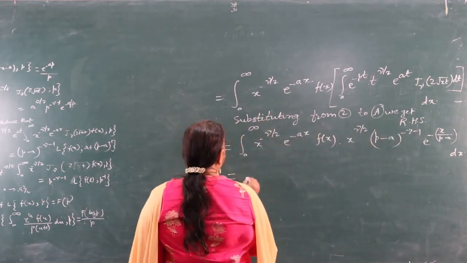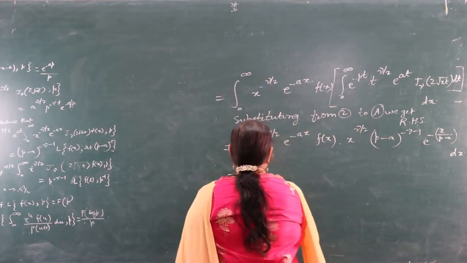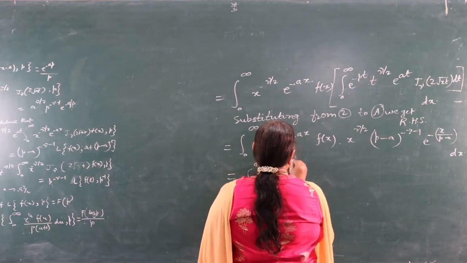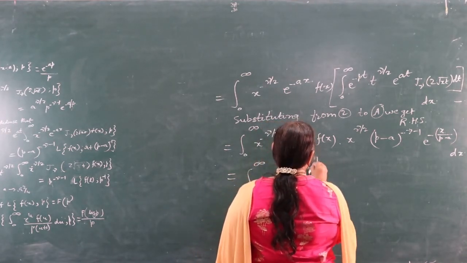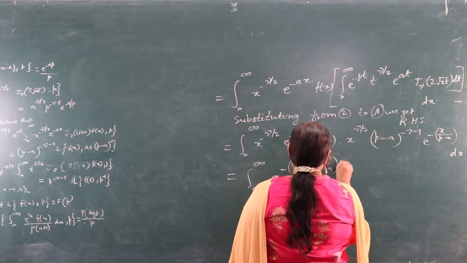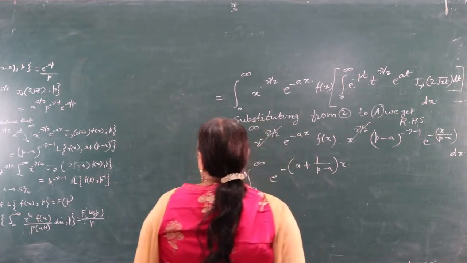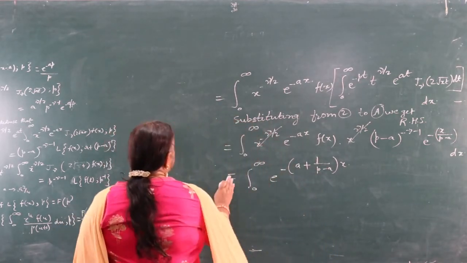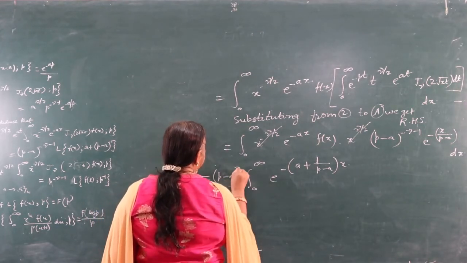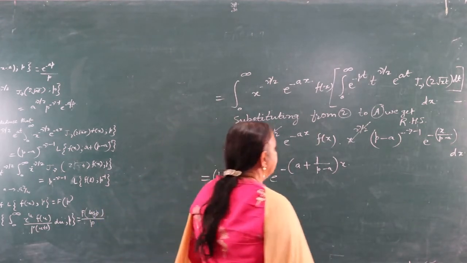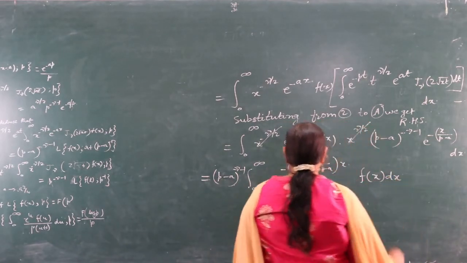So this will be equal to integral 0 to infinity e raised to power minus a plus 1 upon p minus a into x. This will cancel, and p minus a raised to power minus nu minus 1 we can take out, into f(x) dx.